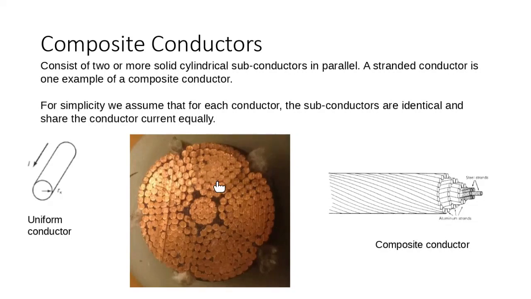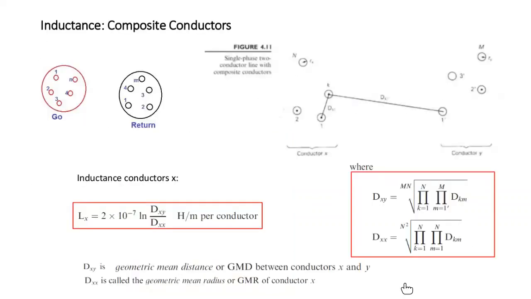And because we have these, we need to work on the inductance. Therefore, we need to calculate the inductance. Now, suppose we have just a single phase diagram and each wire or each conductor has a number of subconductors as we saw earlier on the picture.